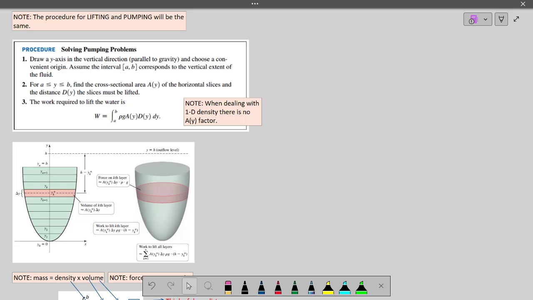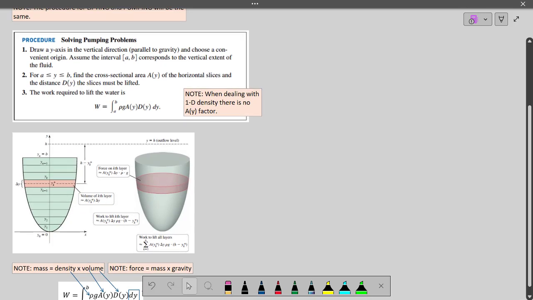So if it has a different area, it's got a different weight. So different force. All right, so there's the integral. It looks terrible. It is terrible. We need to come up with a way to create this integrand in an easy to remember way. We need an acronym that is going to make this as simple as possible.